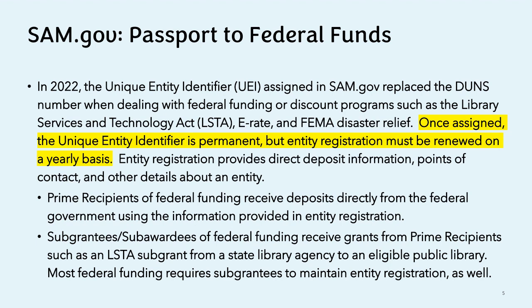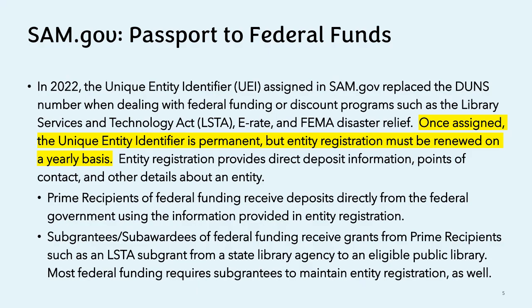Since 2022, the Unique Entity Identifier, or UEI, assigned in SAM.gov is now the identifier that has replaced the DUNS number. That was the Data Universal Numbering System number that was assigned by a private company, Dun & Bradstreet.